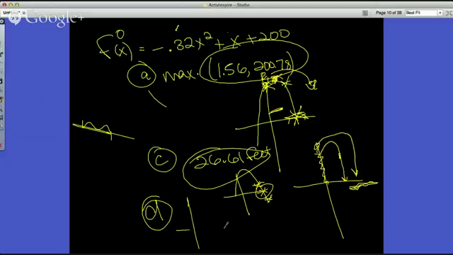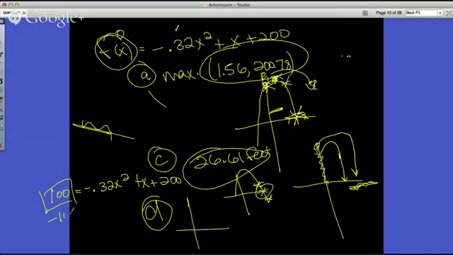So to do this, we know that the f of x stands for my height. That y stands for the height above the water. So for D, we can have a new equation: 100 equals negative 0.32 x squared plus x plus 200. Now, how do I solve for where it is 100 feet?